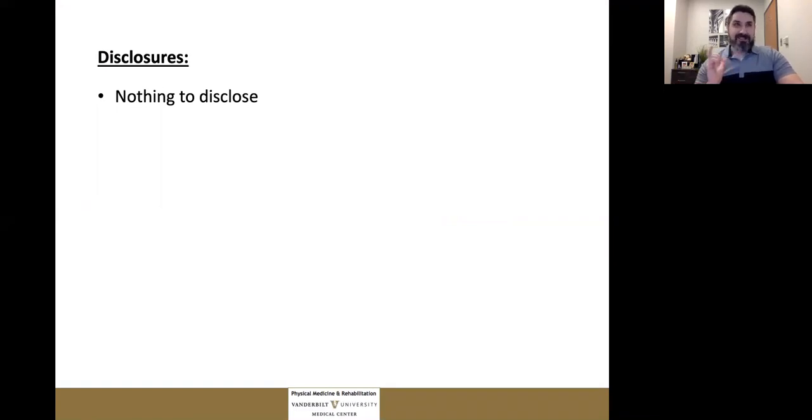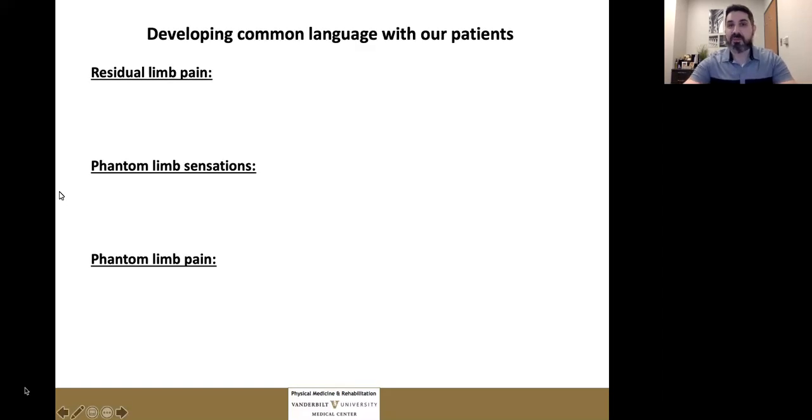One of the most important things that we need to do in terms of reviewing the literature and educating our patients is to have a common language with them. It's not unusual for people to come in, and we ask, do you have pain? They say, yeah, I got pain, and we just leave it at that. Let's not. Our framing matters.